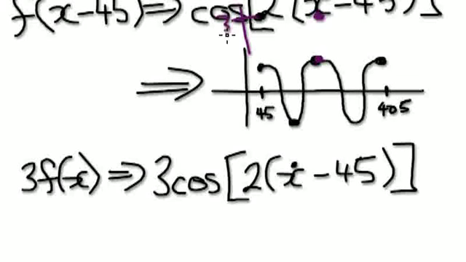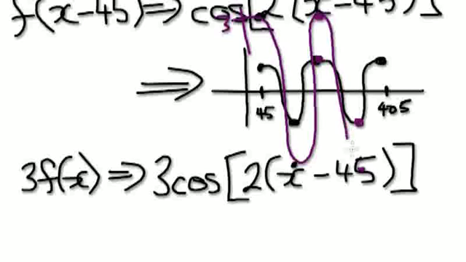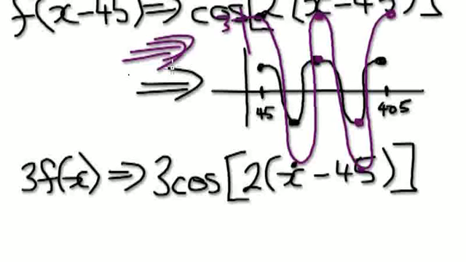So this here is 3 up here. This here, negative 1 times 3, would be down here. So really, your new graph would look something like this. You are just changing the amplitude. So this is our new transformation here.